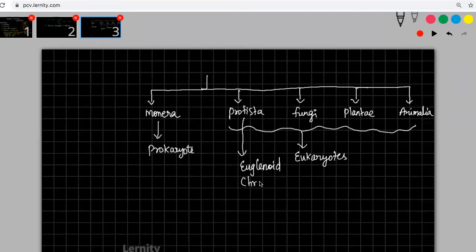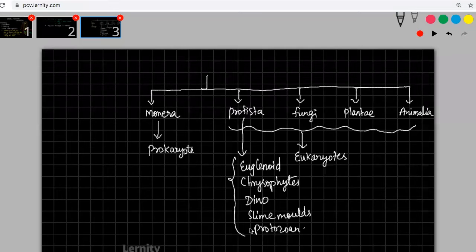Euglenoids, chrysophytes, dinoflagellates, slime molds, and protozoans are all coming under this kingdom, which means all these things are basically eukaryotes.